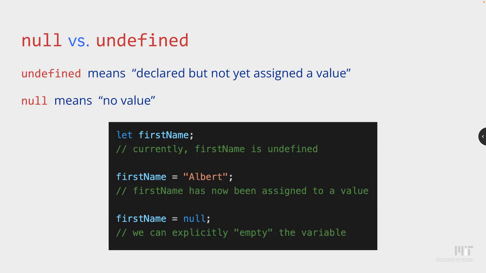As an example in the code below, you can see let firstName is undefined because we didn't assign it anything. Afterwards, when we change it to be something else, now it has a value. And then we can empty that value by setting it equal to null. So whenever you want to empty a variable, you can set it equal to null.